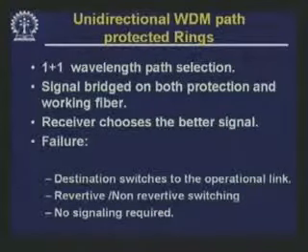If you are doing 1+1 protection, the receiver chooses the better signal. In case of a failure, the destination switches to the operational link, that is the operational light path. Switching may be revertive or non-revertive, that means if the original link comes back, it may revert or it may not, and no signaling is required. So that is the unidirectional light path.